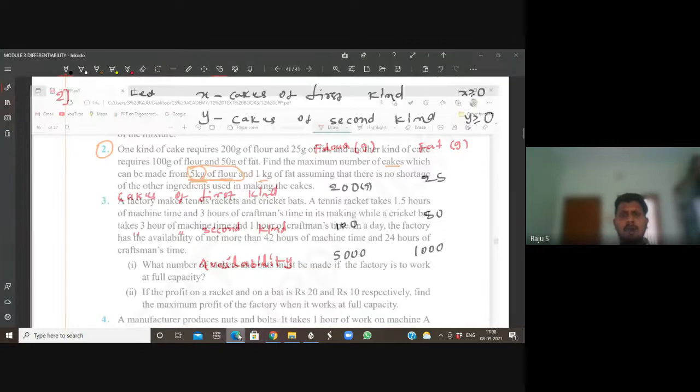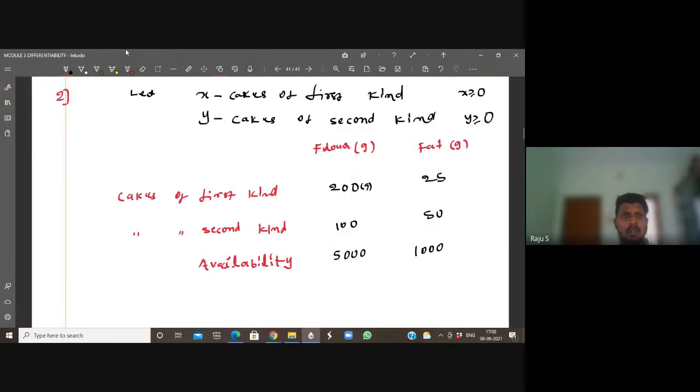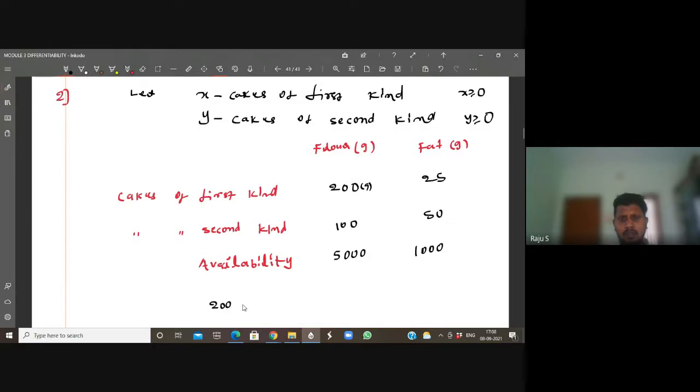Maximum of flour is 5 kgs, maximum of fat is 1 kg. So it can be written as: flour alone in total, in the first kind of cake, X, we are using 200 grams, and second kind of cake, Y, we are using 100 grams. Totally the maximum number of kgs of flour is 5 kgs.